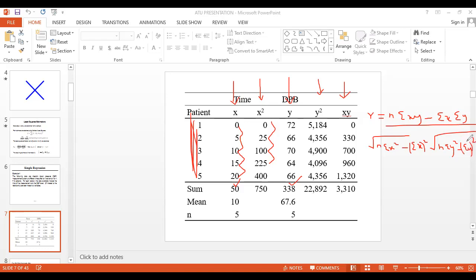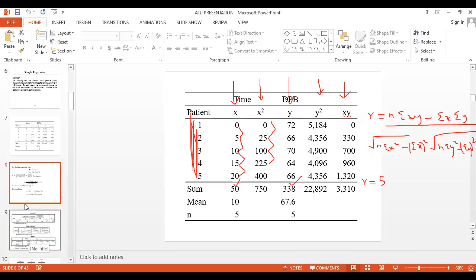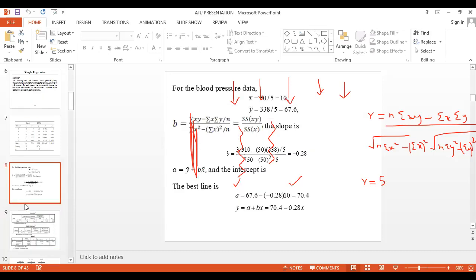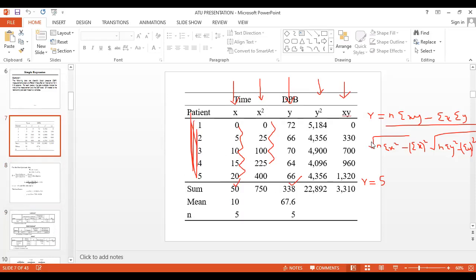So just substitute the values in. R will be 5 times summation XY. Let me see if the solution is down. We can make use of that. Oh, this is a different approach, so let me just stick to what I'm doing.